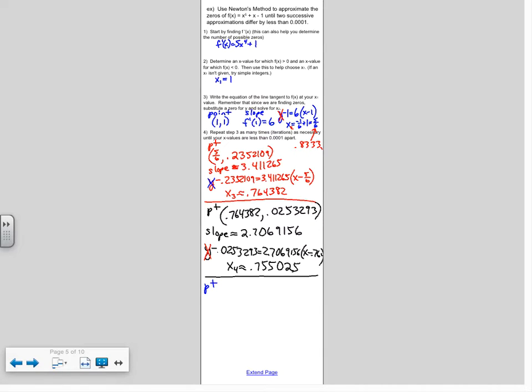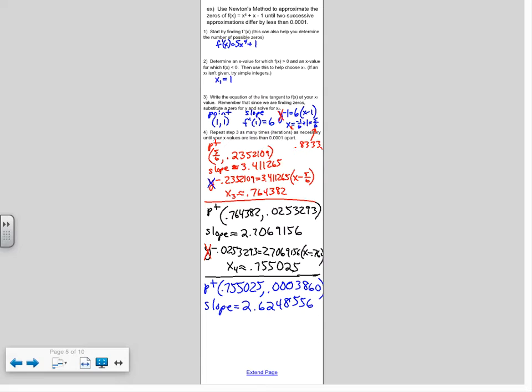So our point raised to the 5th, we got 0.0003860, and our slope is 2.62485556.